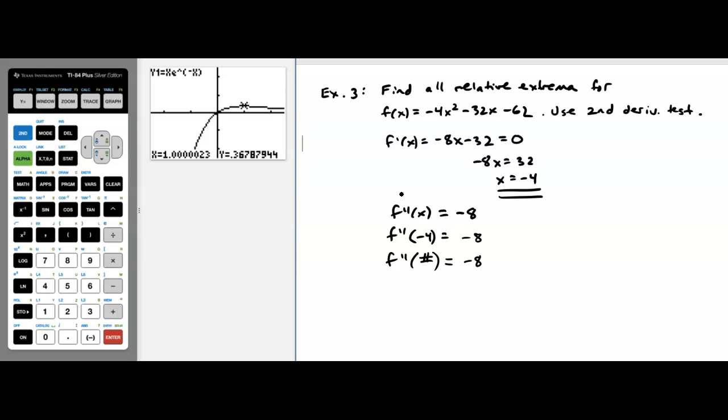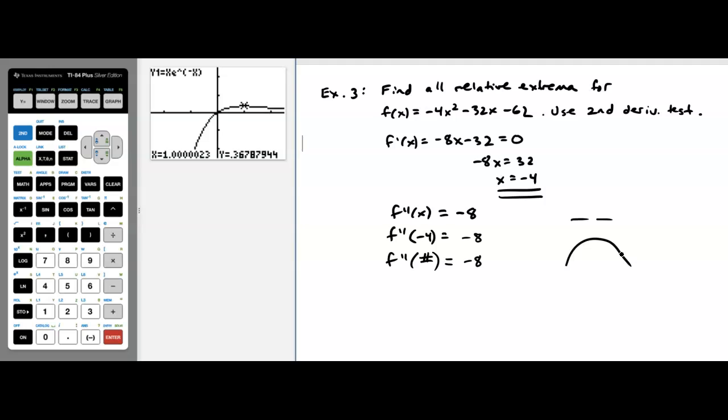So what does that tell you if the second derivative is always negative? Well, if your second derivative is always negative, that means your original function is concave down, right? So remember this from before. When your second derivative is negative, your original function is concave down.